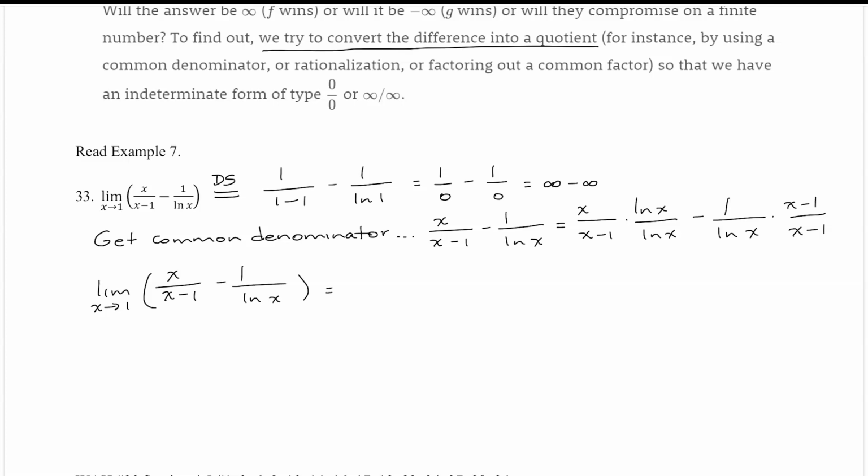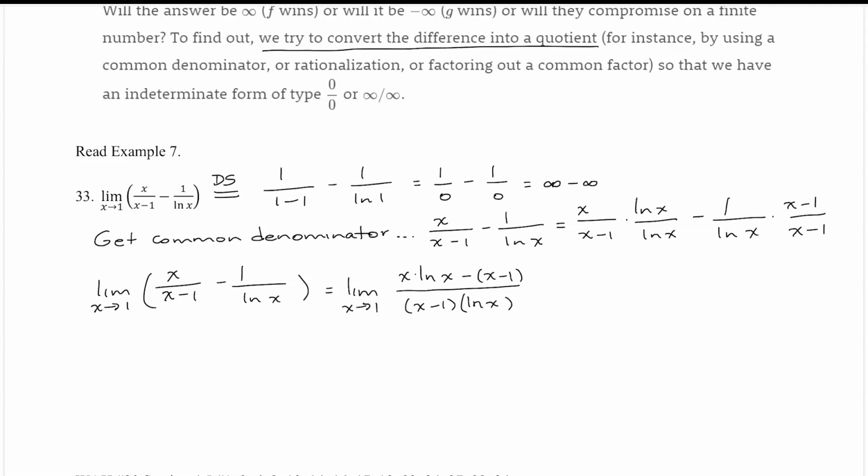So the limit as x approaches 1 of x over x minus 1 minus 1 over ln x is the limit as x approaches 1, and here is where I'm going to use my common denominator. That common denominator is x minus 1 times ln x.